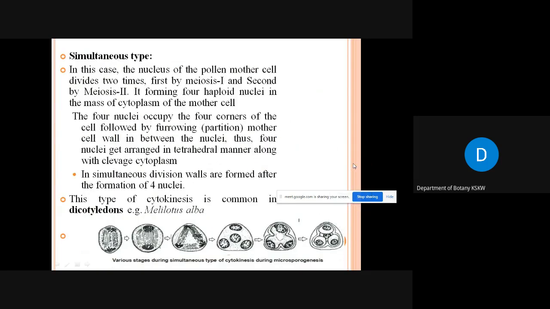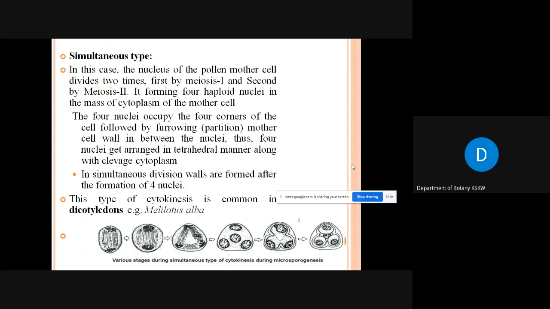So this formation of wall layer is successive, that is one after another. Whereas in the simultaneous type, when the pollen mother cell divides by meiosis 1 and meiosis 2, it forms 4 haploid nuclei lying in the same cytoplasm.